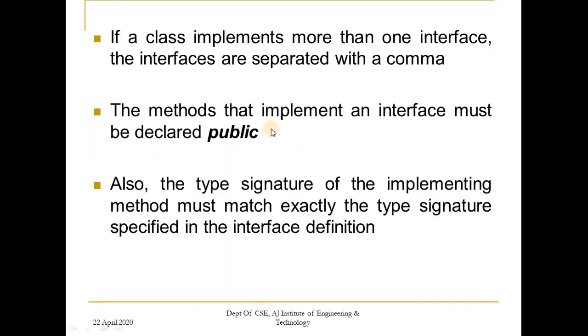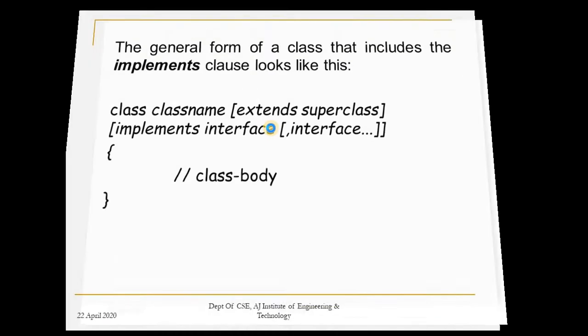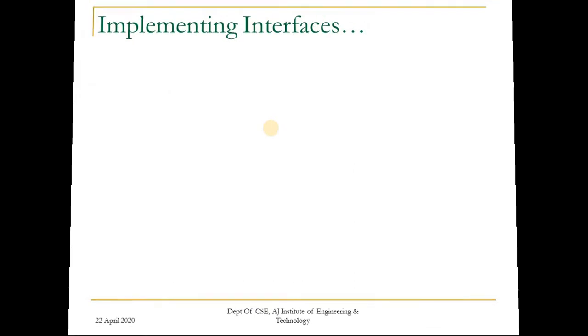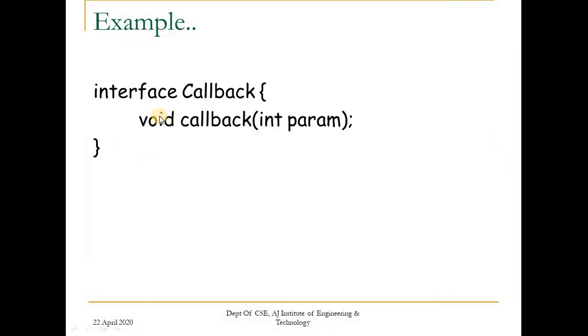Let us see that once here. See here, this is the method that was declared inside this callback interface. The type signature of this method should match exactly the same as the implementing method's type signature, right?